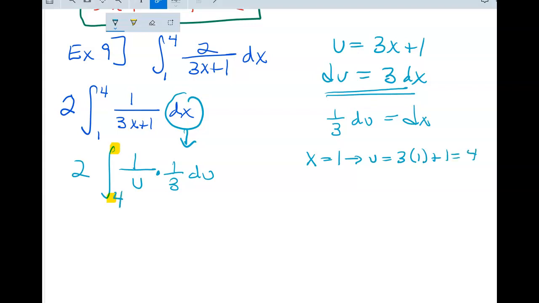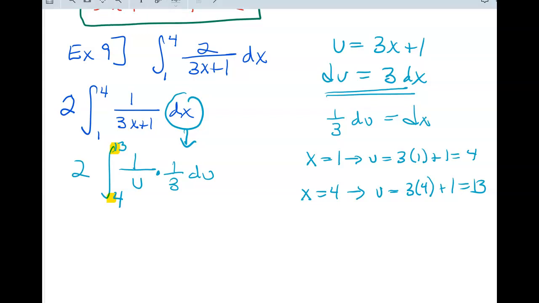So we're going to put a 4 here in the lower limit of integration that corresponds to x equals 1. If x is equal to 4, then u is equal to 3 times 4 plus 1, which is 13. So I'm going to put a 13 in the upper limit of integration to correspond to x equals 4.